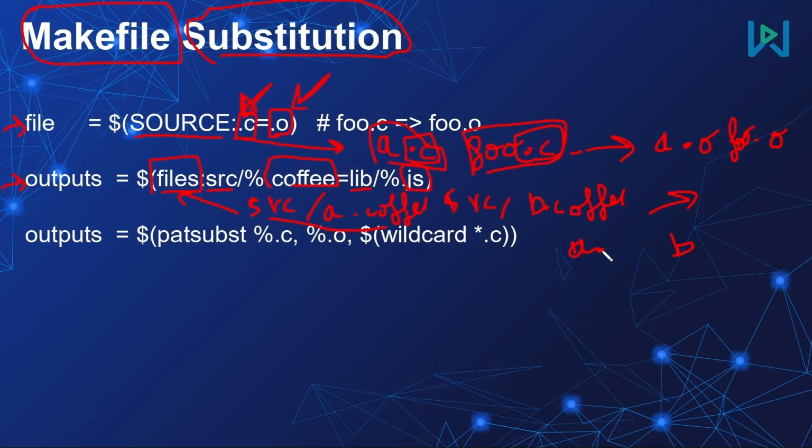However, it will change the cafe suffix to .js, as well as the top level path, this one. So instead of source, will end up with lib here and lib here.